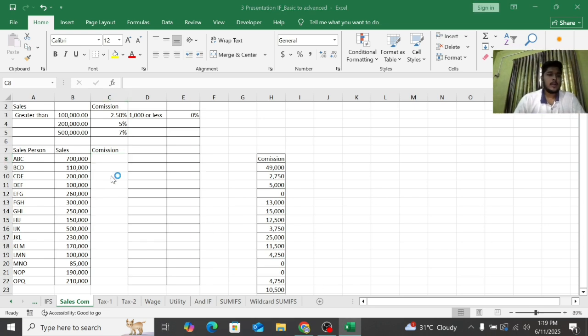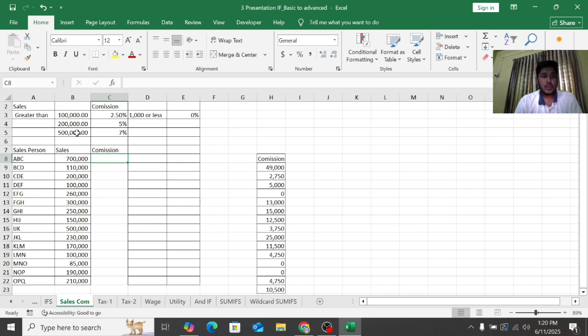So let's start. Sales commission is a certain amount where the commission percentage remains the same, but as the number of sales increases, the salesperson gets more and more commission. We can see that if a salesperson sells more than 1 lakh, he gets 2.5% commission.